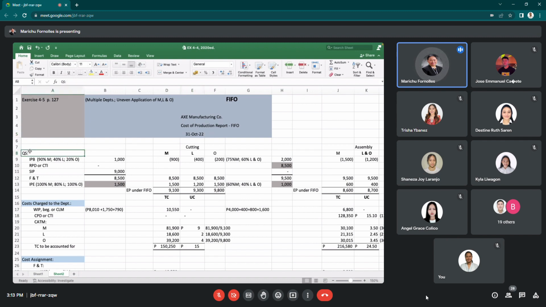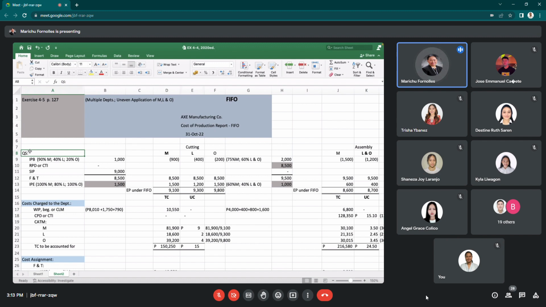So the first section in the cost of production report is the quantity schedule. When you make the quantity schedule, you have to remember the equation sources must be equal to the targets.